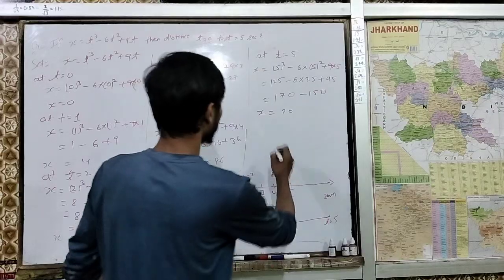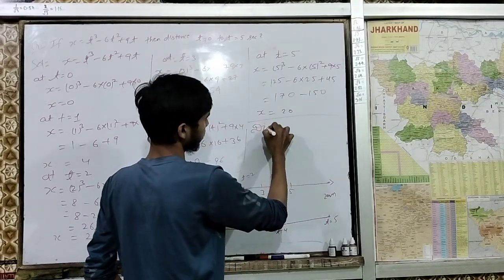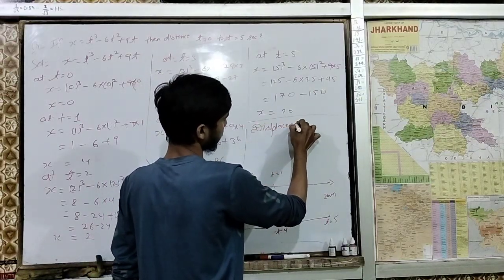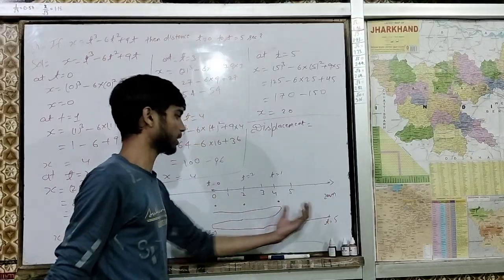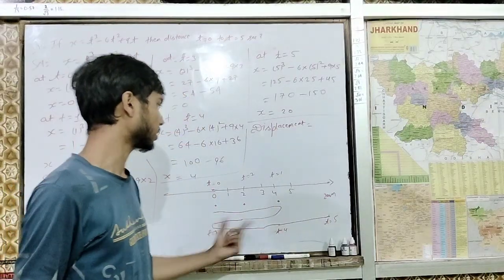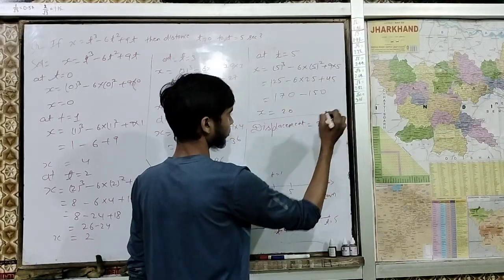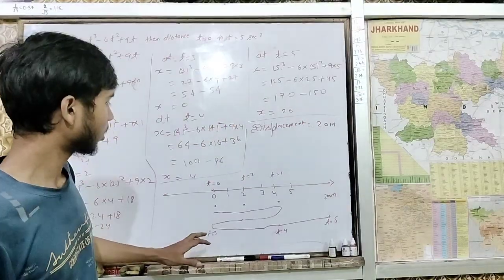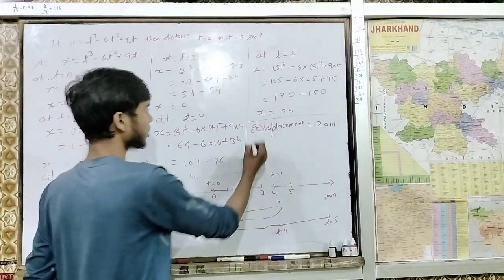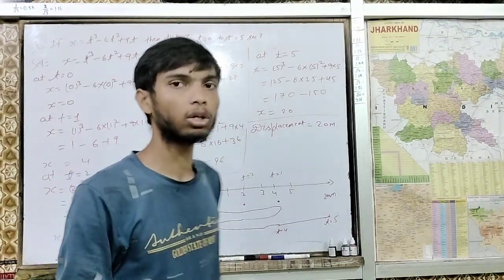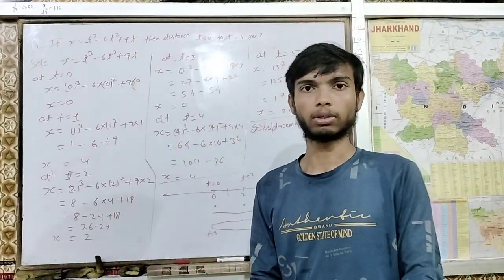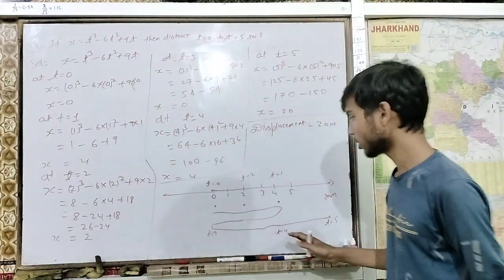Of course, displacement. This straight line is the displacement, the shortest path. So the shortest path is 20 meter.